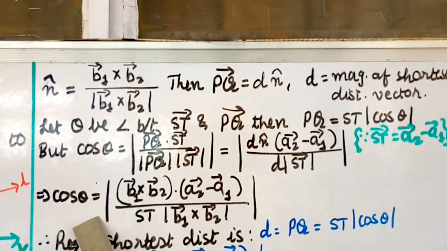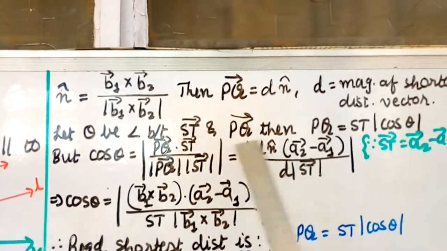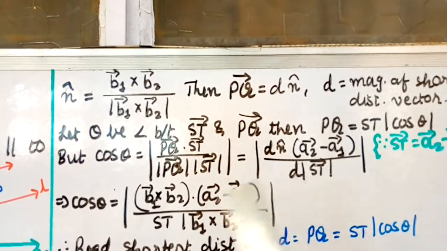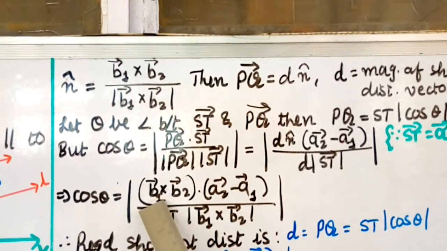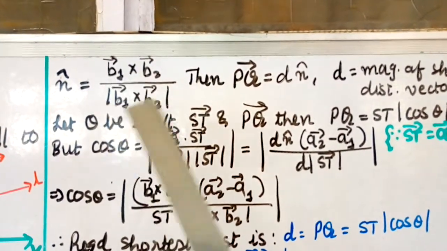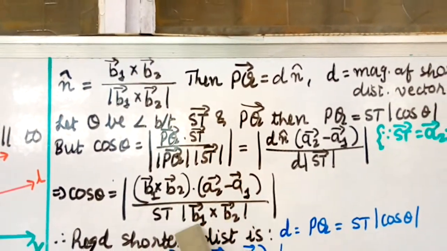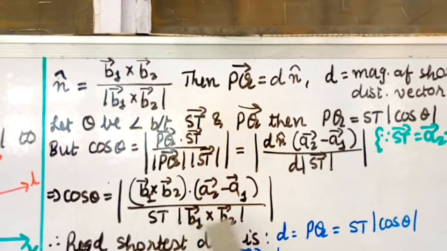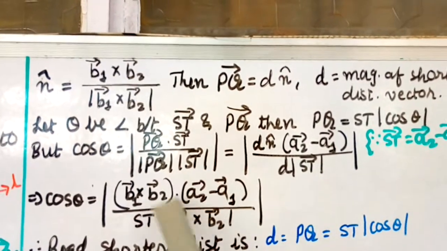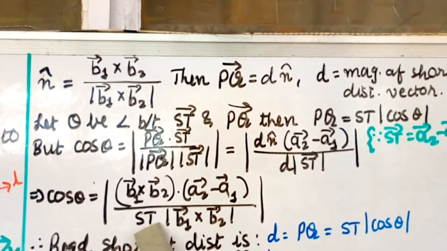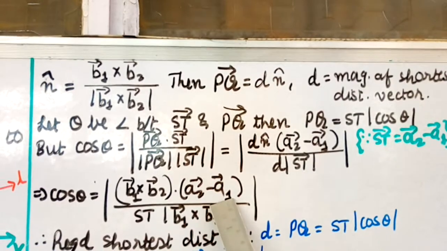Then in cos theta, this D and this D cancel, and for n cap we write B1 cross B2 in the numerator and magnitude of B1 cross B2 in the denominator, then ST as A2 minus A1.